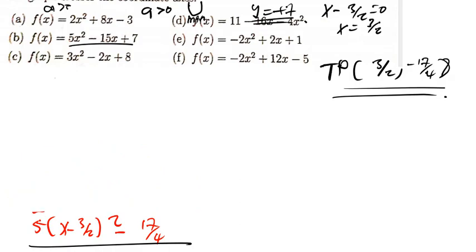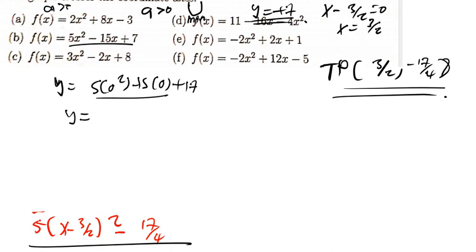So for example, y is equal to 5 times 0 squared minus 15 times 0 plus 7. That gives me y is equal to, this is going to be 0, so this is 7. That's why y is positive 7.